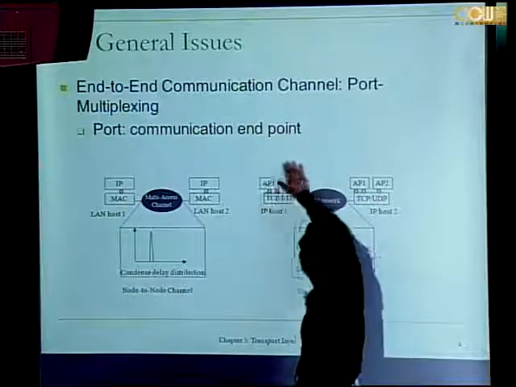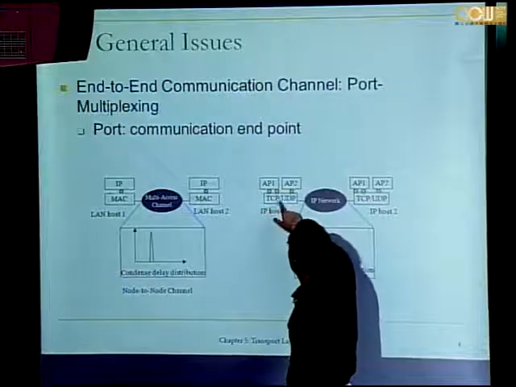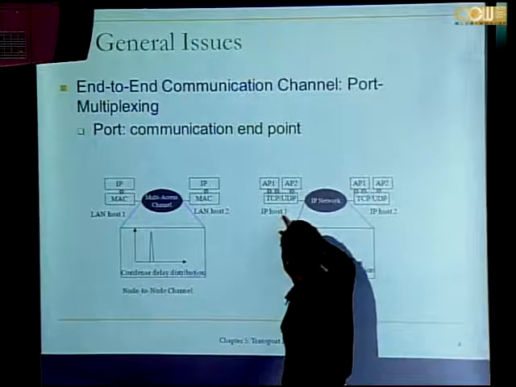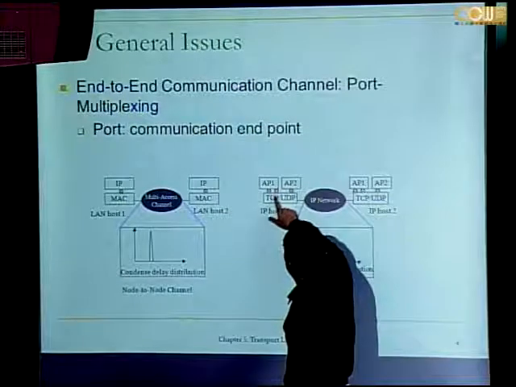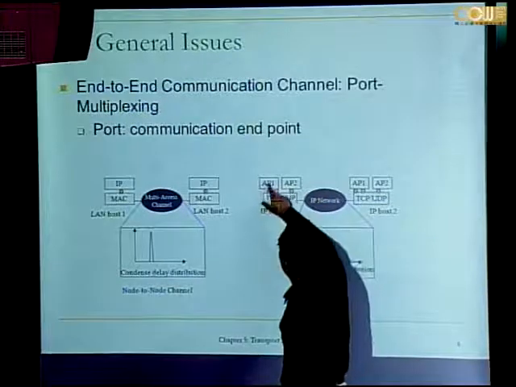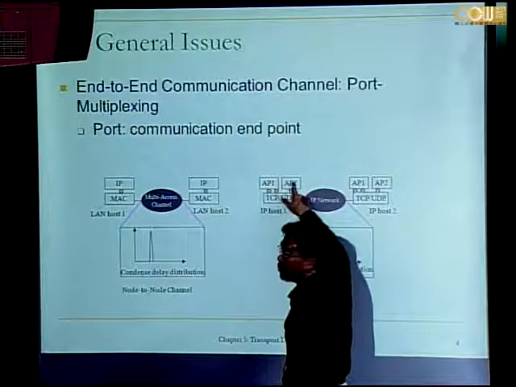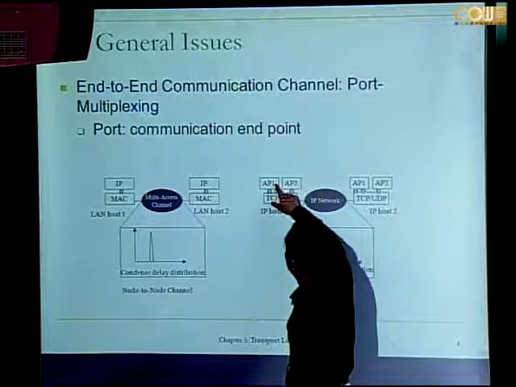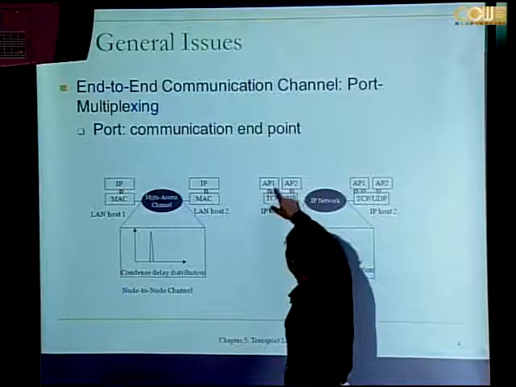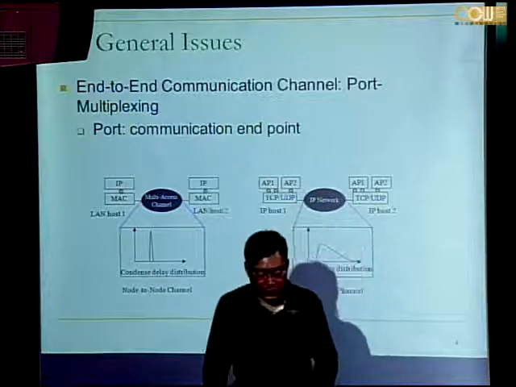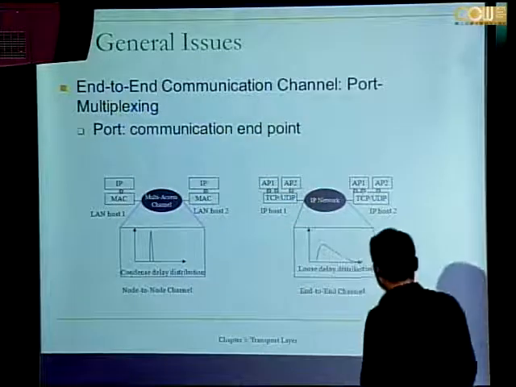On the host, you have an IP address, a MAC address, and then TCP, the transport layer protocol. On top, there could be some programs running, which are called processes. When a program is run, it's called a process. And the process needs to have its own address.